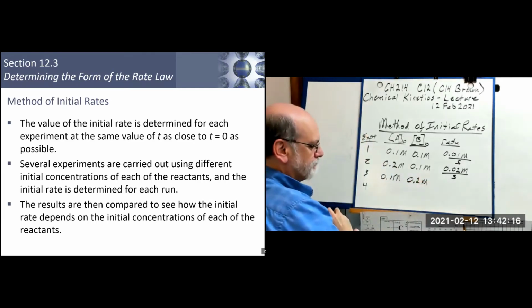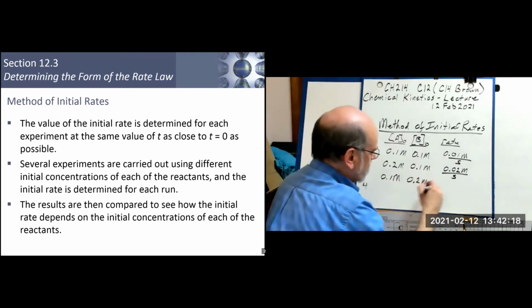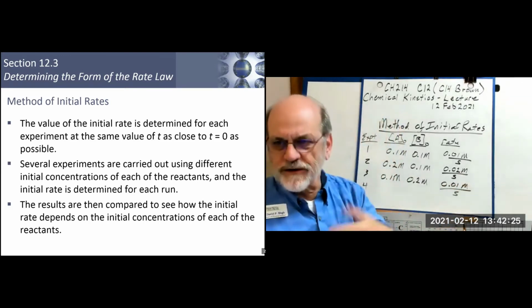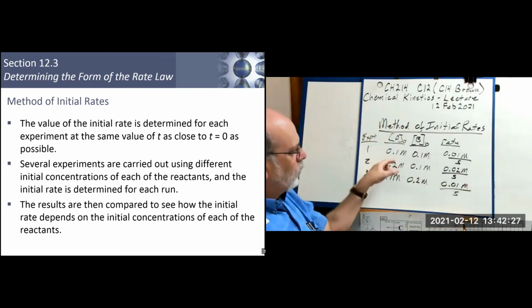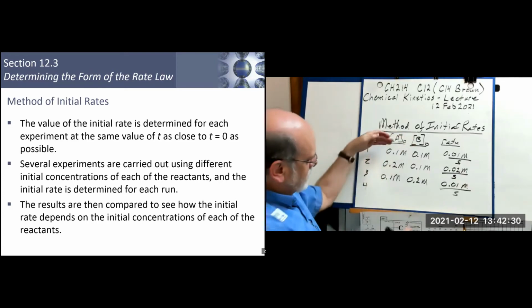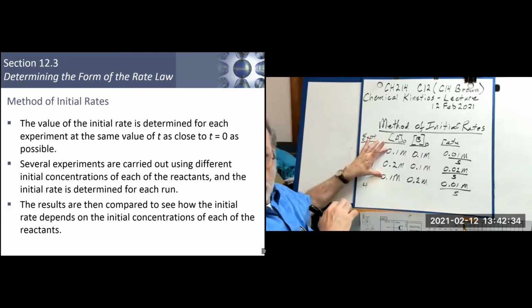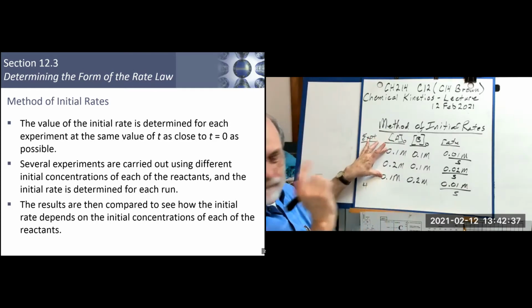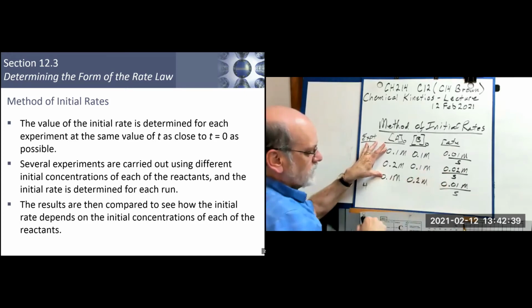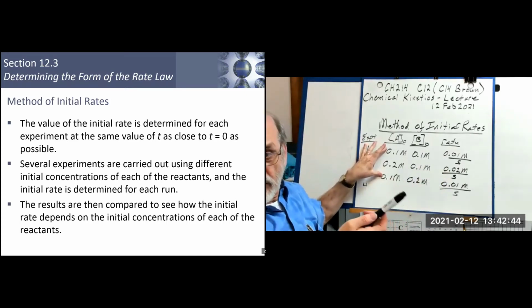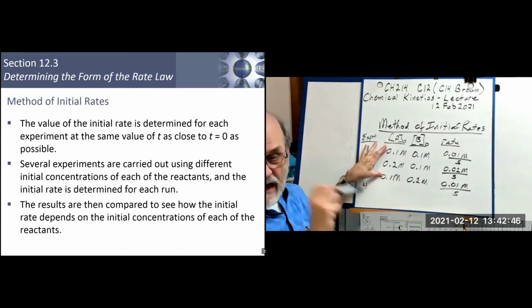And it turns out the reaction rate doesn't change. So that's the general theme. You hold one of them constant, like this one and this one don't change. So we're really focused in on that one to that one change. It didn't change at all. So apparently it's not dependent at all upon the concentration of B.